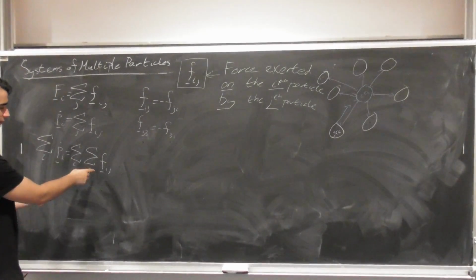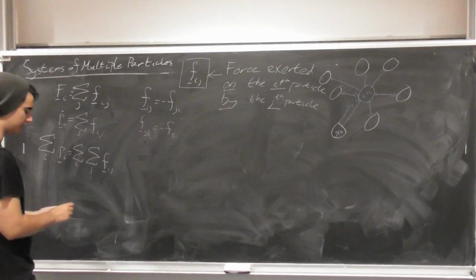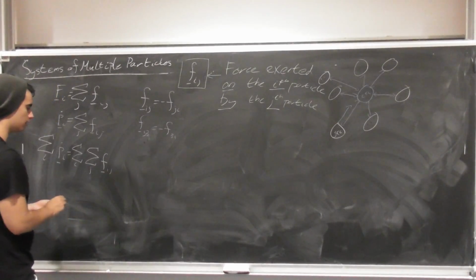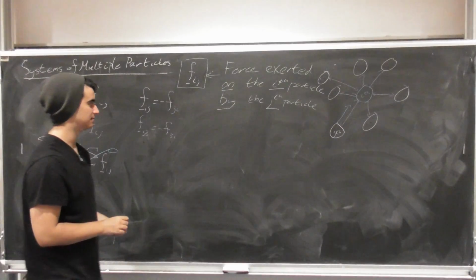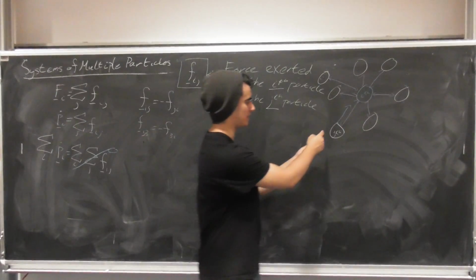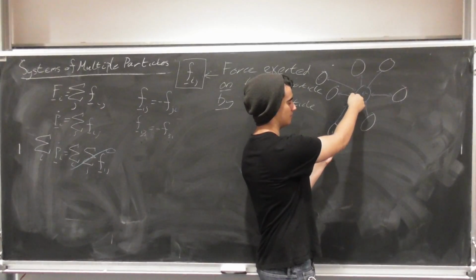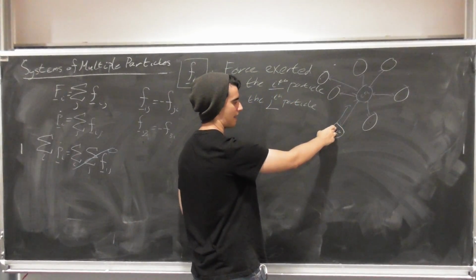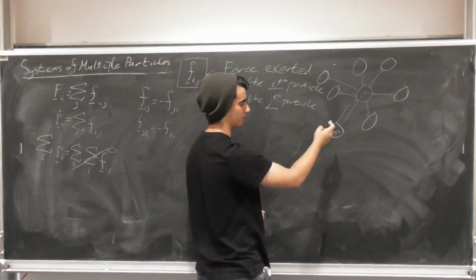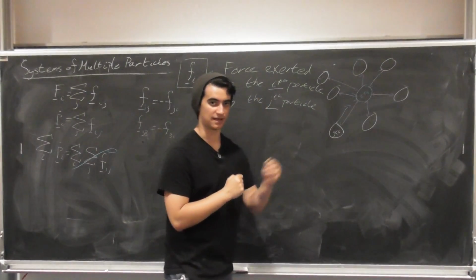So that's why when we sum up all of these and then sum up all of the i's as well, we'd find that all of these cancel out, go to 0. Again, that's because when we add the vector that describes the force on i being exerted by j, and then add that to the vector of the force acting on j by i, the two vectors cancel each other out.